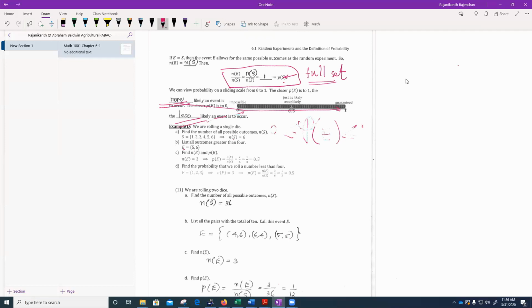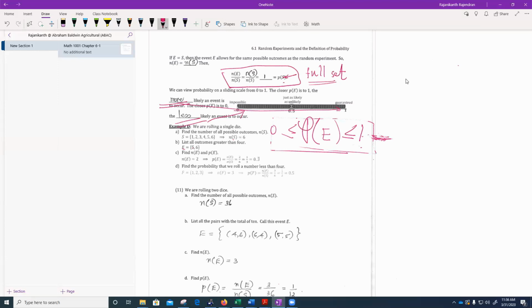Okay? So your probability answer cannot exceed 1. So if you want to find the probability of any event, make sure your answer is always between 0 and 1. If you get more than 1, that means you made a mistake somewhere. Of course, 0 and 1 are included. You may have 1 and 0, no problem, because I have put an equal sign here.